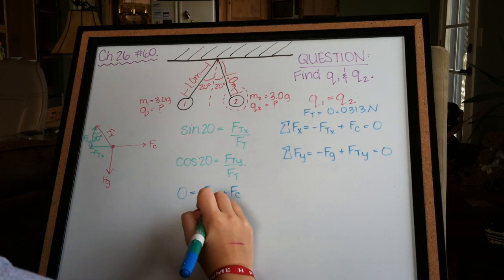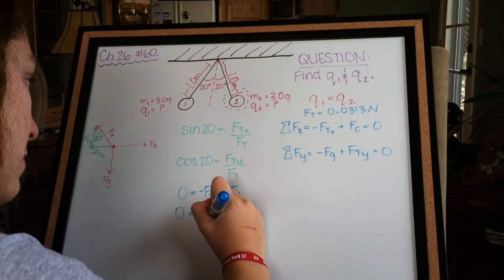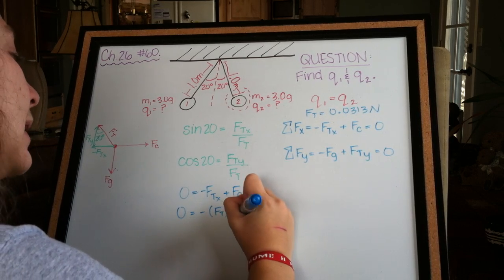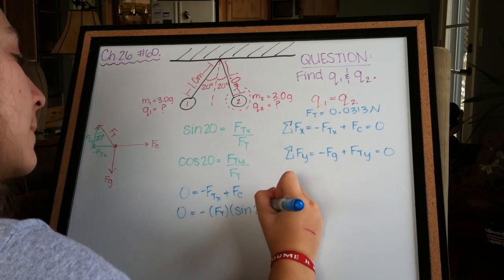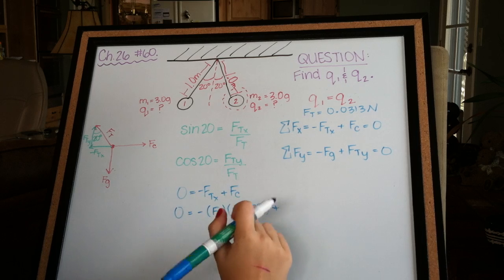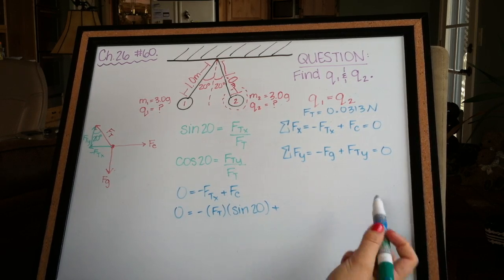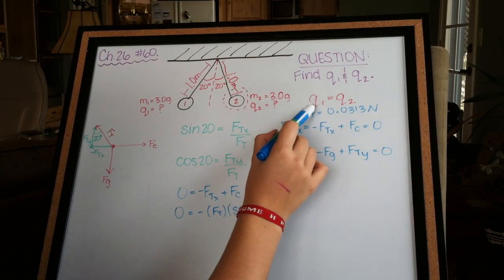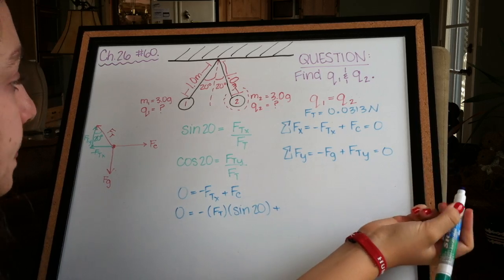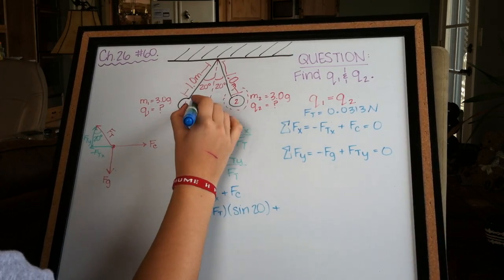So Ft in the x direction is just going to be negative Ft times sine of 20. So for force Coulomb, we know what it is. We can substitute it with just Coulomb's law. And since we've already established that Q1 is equal to Q2, we only have one unknown variable. Also, what we need to find is the radius, though.